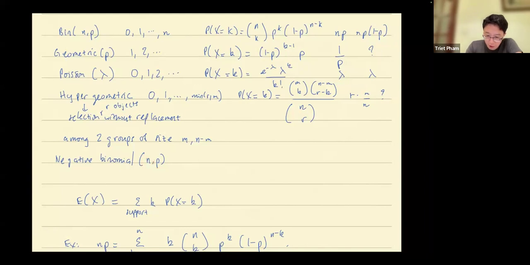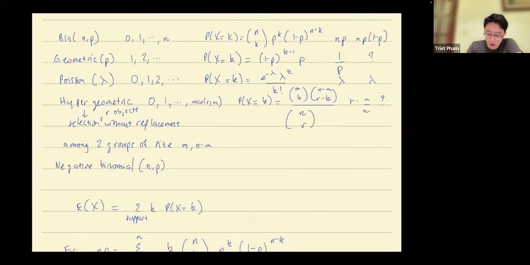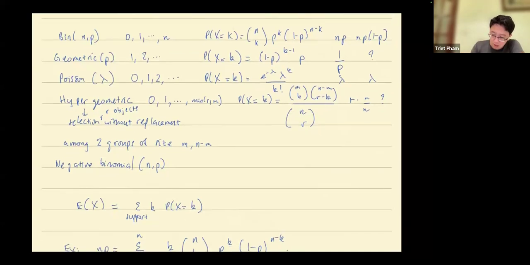So the support, which is the number of trials you have to do to get n successes, is n, n plus 1, n plus 2, and so on. You have to perform at least n trials to see n successes, and there's no upper bound on the number of trials you can do.